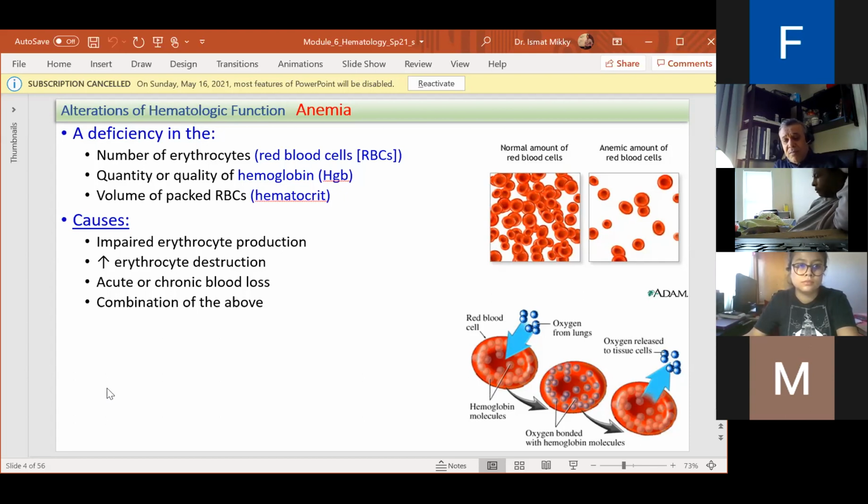Then we have the hemoglobin molecules. Oxygen will bind or become bonded with hemoglobin molecules, and that's going to be transported as blood moves and circulates, and between cells and tissues, it is going to oxygenate the cells.